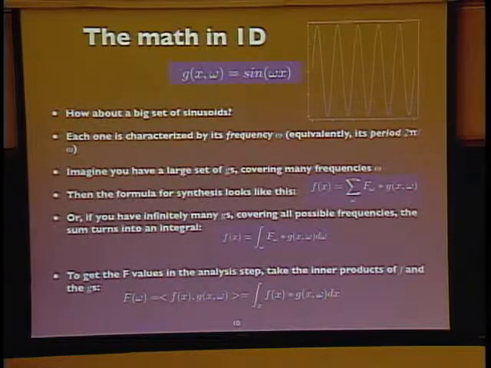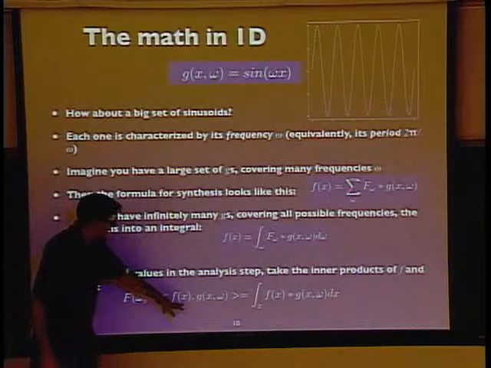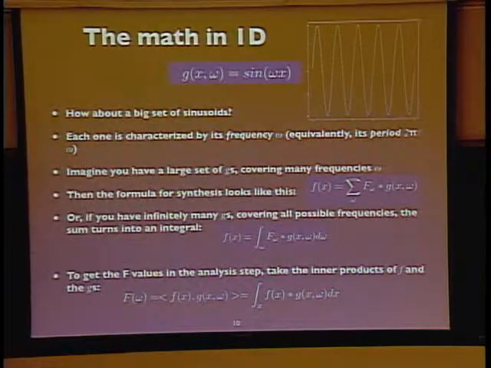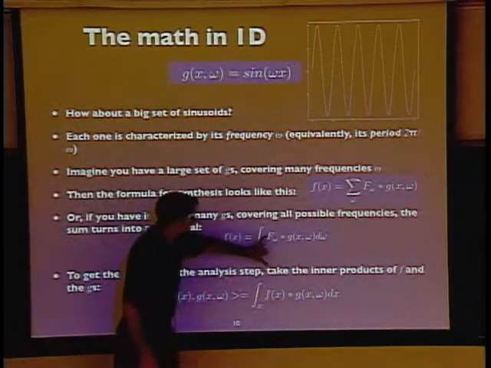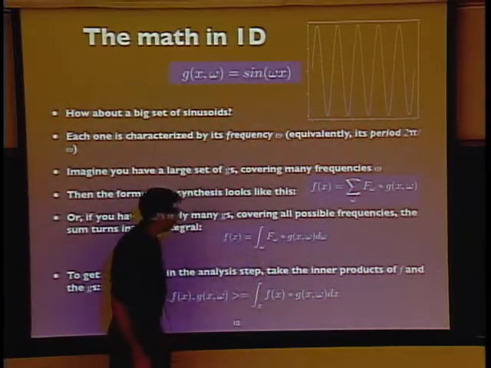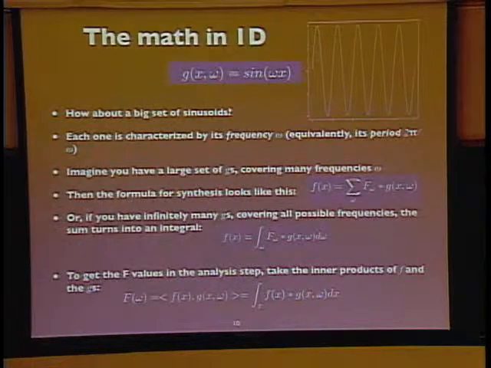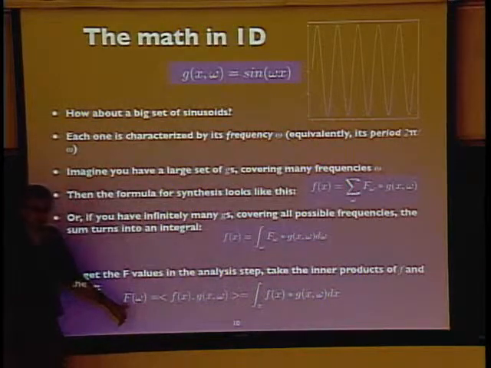And then to do analysis, what you basically do is take the inner product of the imaging data with each one of those sinusoidal functions, which is just this over again. It's basically you switch the positions of the big F and the little f. So if you start out with an image and a set of sinusoidal functions, you basically do a bunch of inner products in order to get what your Fourier coefficients are.